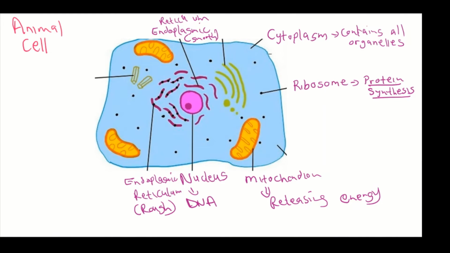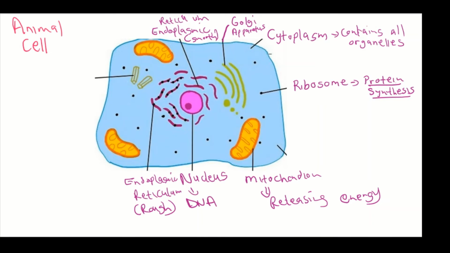Its main function is the synthesis of lipids, the production and secretion of steroid hormones, and the metabolism of carbon dioxide. And then we have a Golgi apparatus, which is important in the manufacturing, storing, packing, and transportation of particles throughout the cell.